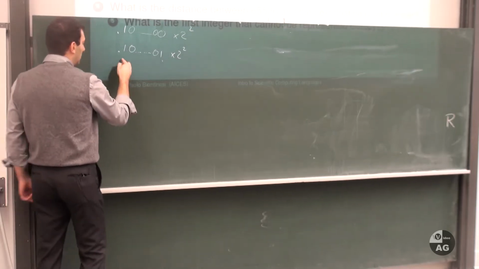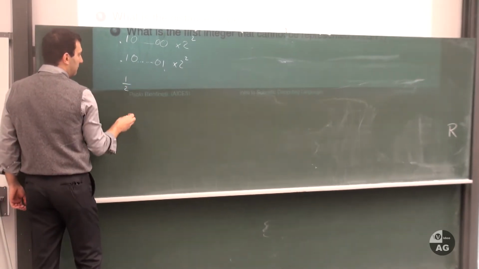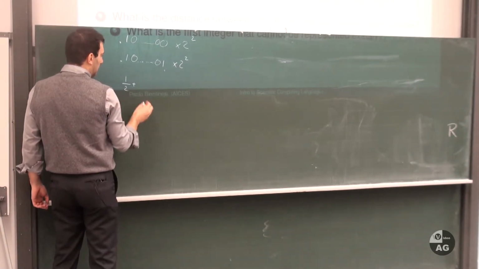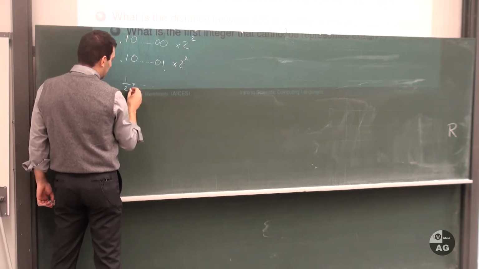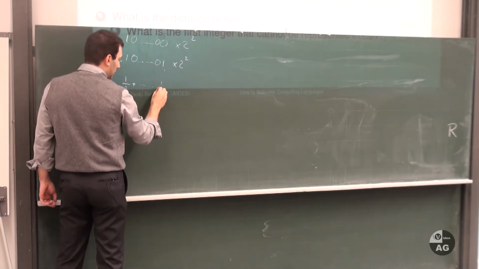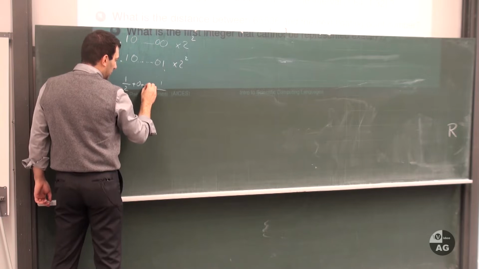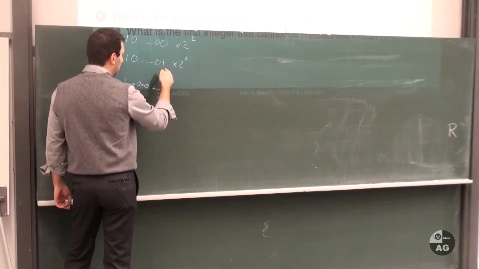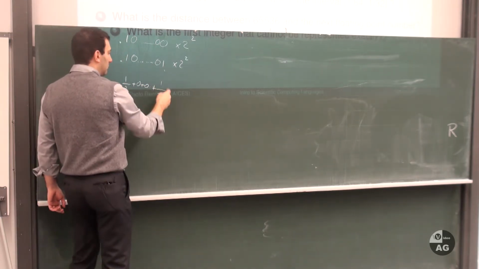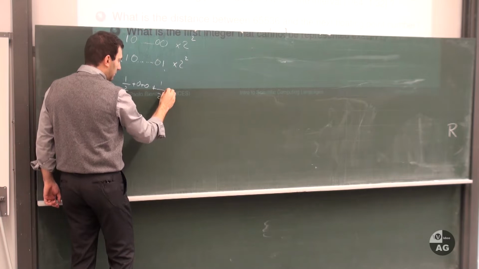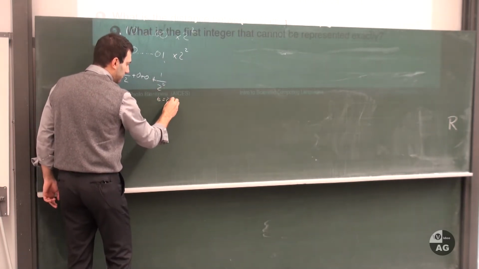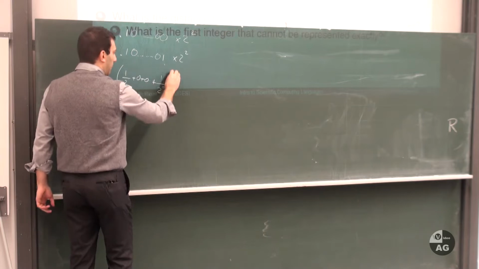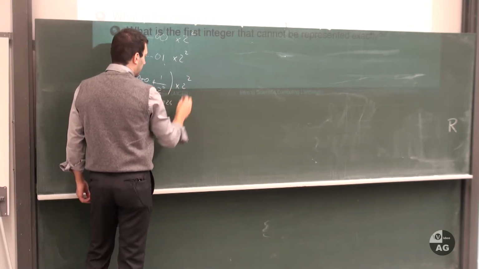Well, this is 1/2 plus, this is 1/2 to the first, plus 0 plus 0 plus 1/2 to the t, which is what t is, 24. Okay, times 2 to the second.